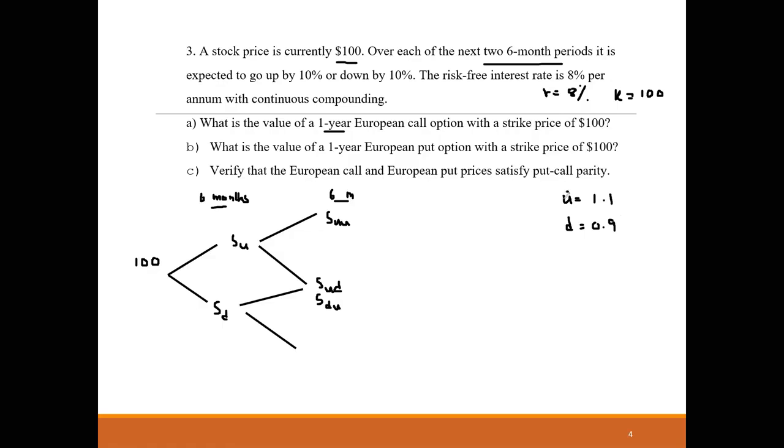Another way in which you can get this U is take 1 plus the percentage by which the stock price will go up. For D, take 1 minus the percentage by which the stock price will go down. Here it was 1 plus 10%, because the stock price is expected to go up by 10% and down by 10% as well. So 1 minus 10% will give you 0.9.